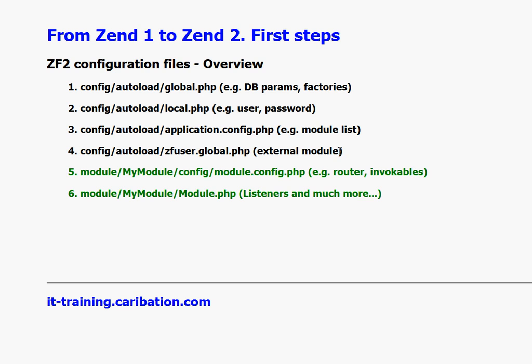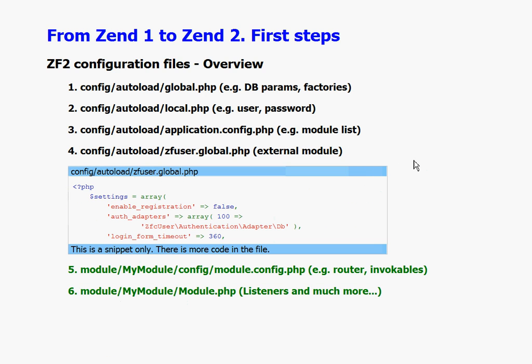External means a module that does not belong to the core of Zend 2, a module that is not written by you, but taken from the outside. In this example, I have a ZF user module, and these are configuration parameters for this external module.